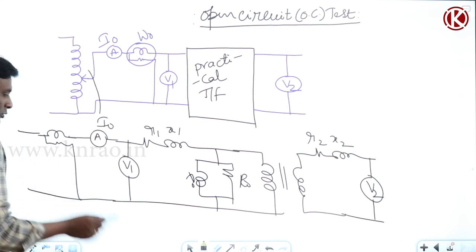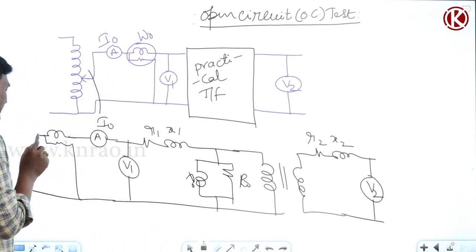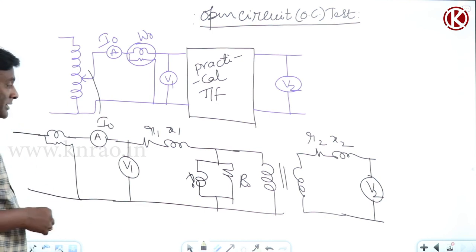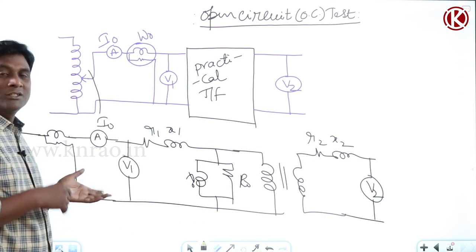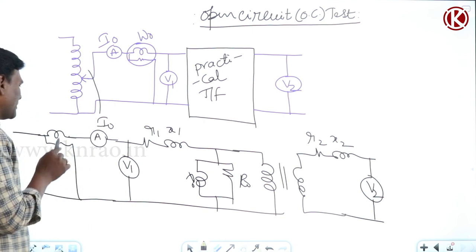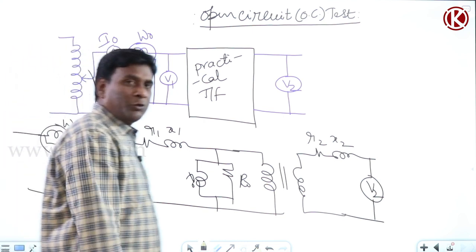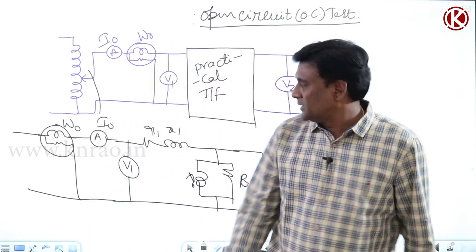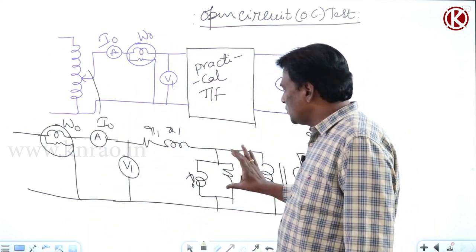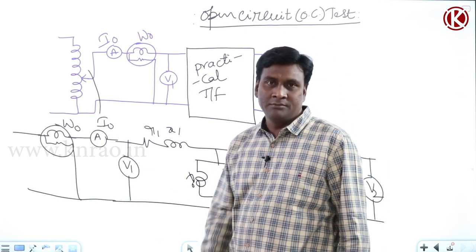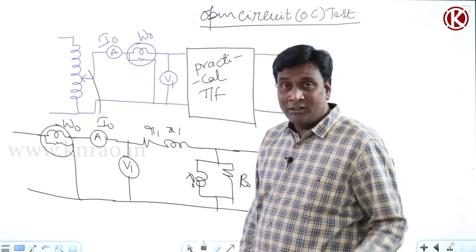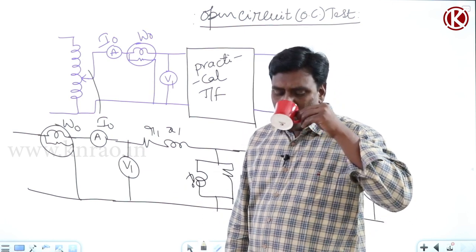As of now I'm not bothered much about measurements, like whether the wattmeter or the ammeter should be connected first. I'm not bothered about it. So this is going to be the wattmeter. If you want to move the shunt branch from here to here, what are the things we have to consider?